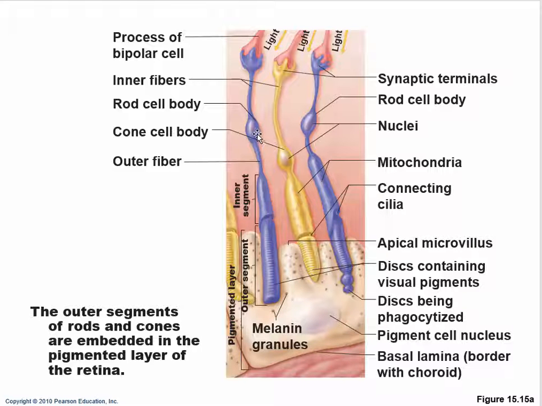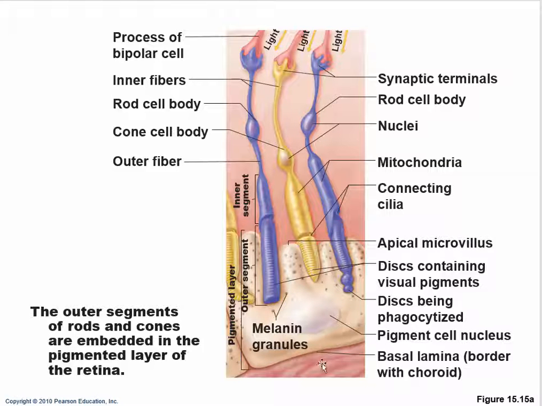The cell body of this bipolar is here, and then the axon is there. And we'll just kind of leave it at that for now, but they're embedded into the pigmented layer.